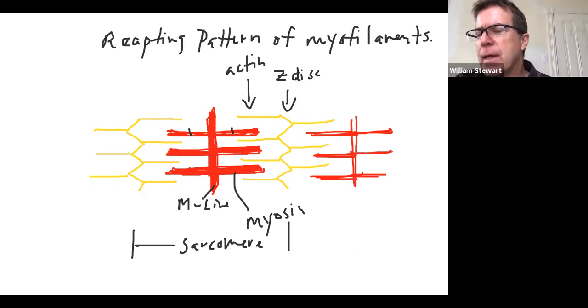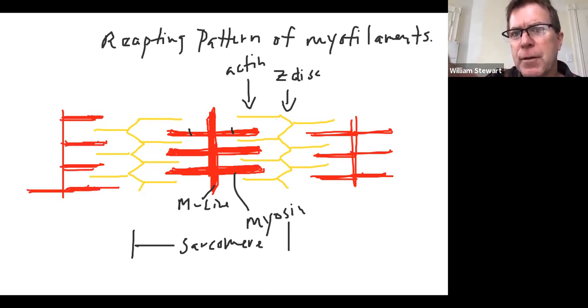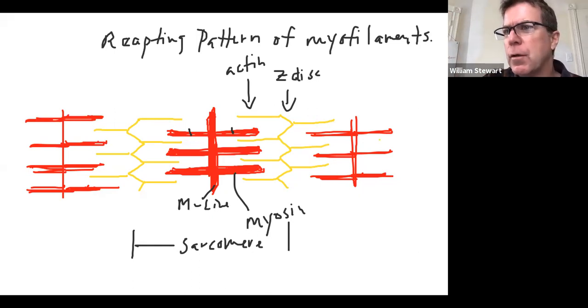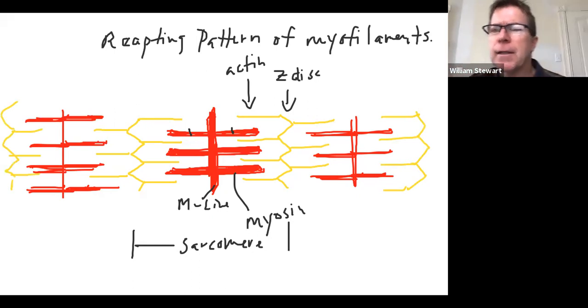The point that I'm trying to make here is that it repeats over and over and over again, all the way down, hundreds of thousands of times down a myofibril, that specialized organelle that contains these myofilaments. And it just keeps going. Then we would have more of these actin molecules, and so on. So you get the idea.